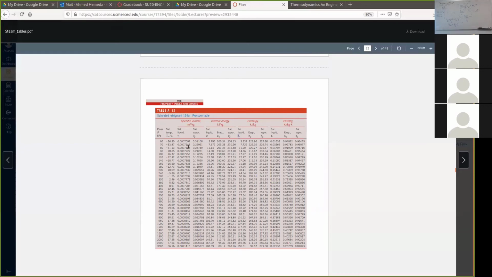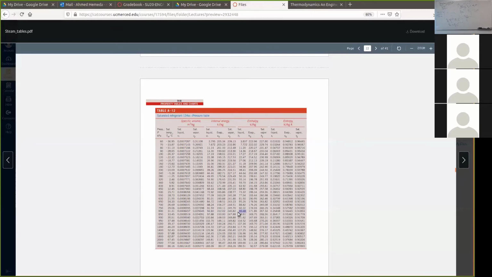I want this guy. At a certain pressure, whatever pressure I have, I can get my h. The pressure for h2 was 800. So go down to 800, it's here, at hf, this guy, 85.48. Because X equals 0.